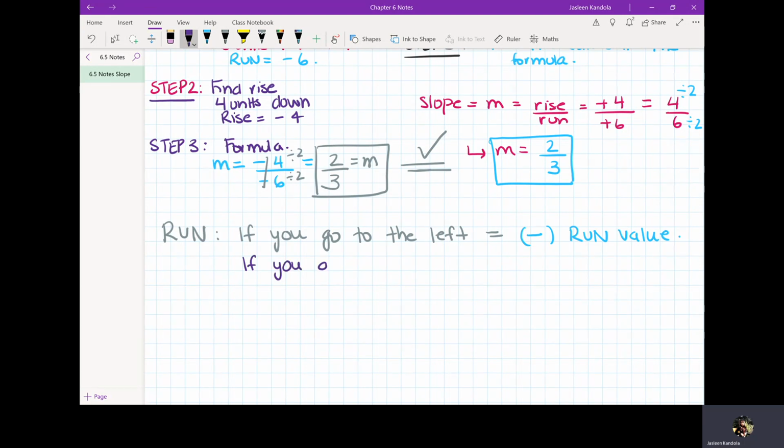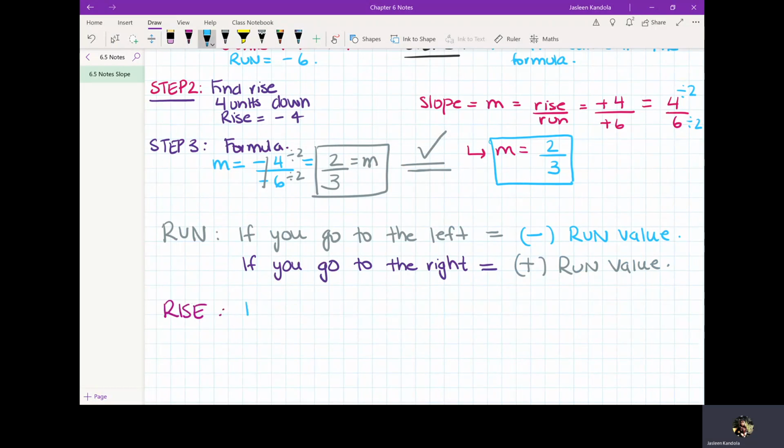If you go to the right, you have a positive run value. And last, let's do rise.